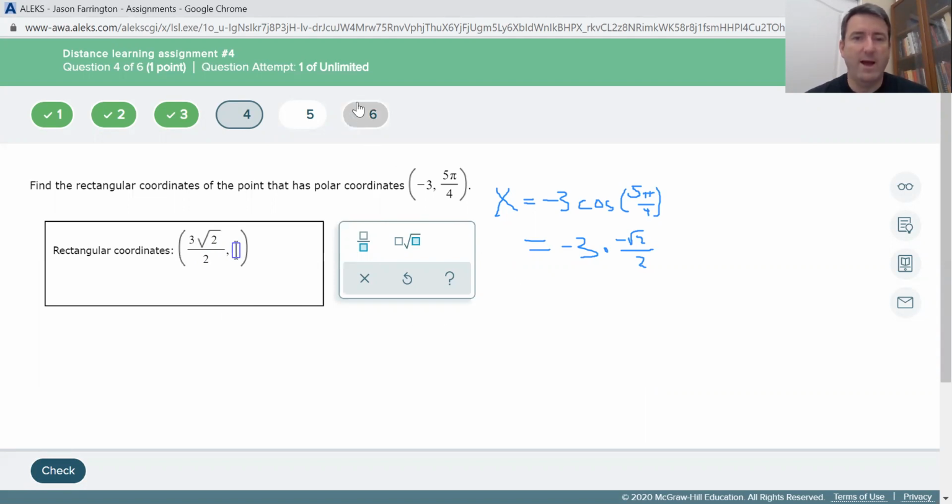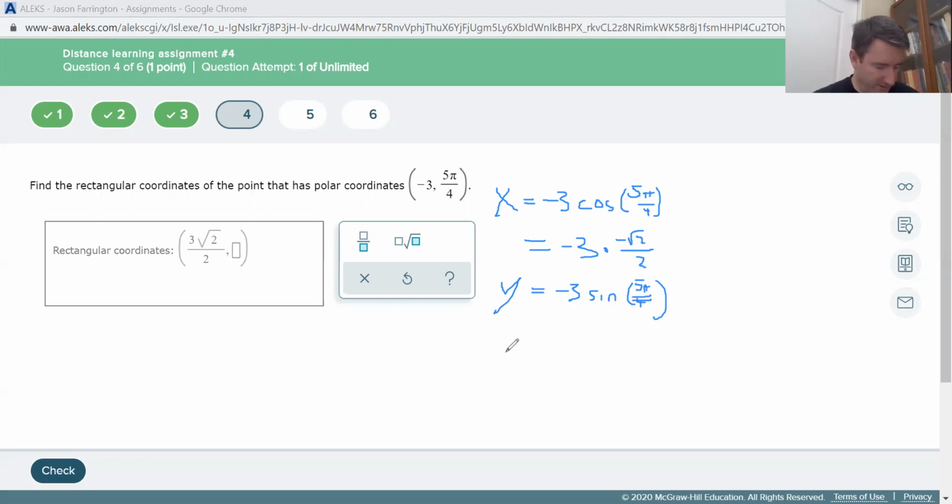And then for y, that's going to be equal to r, which is -3, times the sine of 5 pi over 4. And the sine of 5 pi over 4, if we look at our unit circle, is also negative square root of 2 over 2.